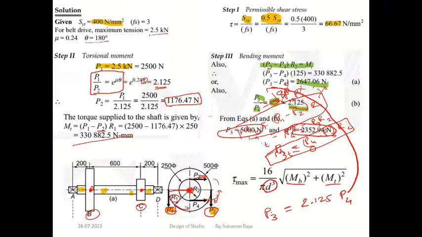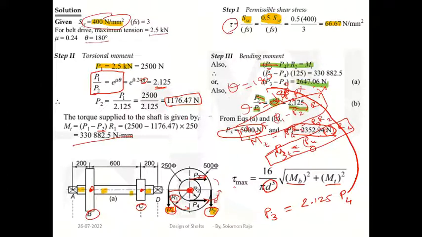In the question they have given the tensile stress value. From the tensile stress value we get the allowable shear stress. One value we got, but still we have to get the MB value and MT value.